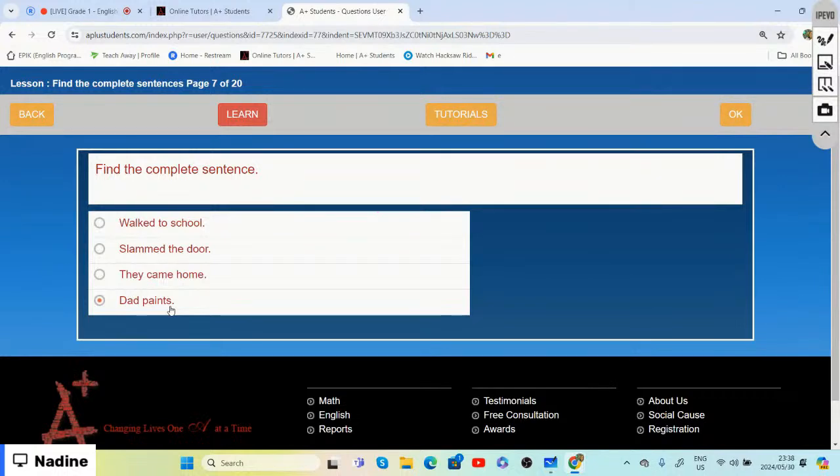All right, so if we were to select the complete sentence, then we would say dad paints. Because remember, dad is our naming part, right? It tells us who is doing something. And then paints is something that dad did. So action part is something that dad did.